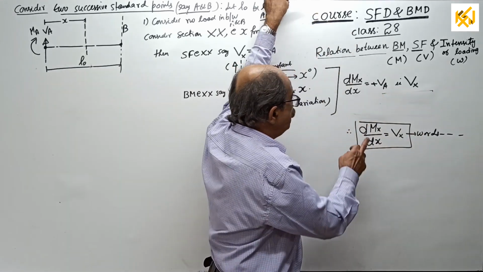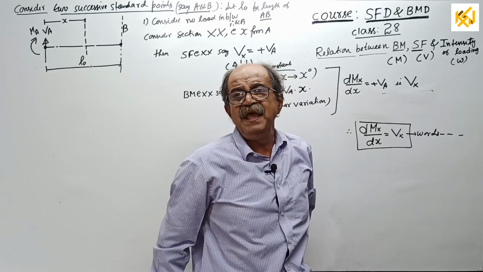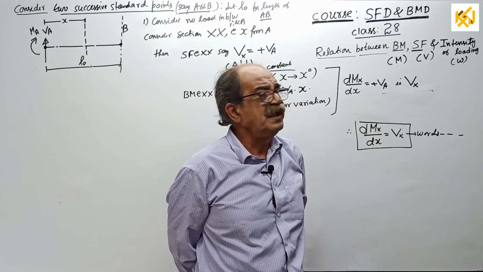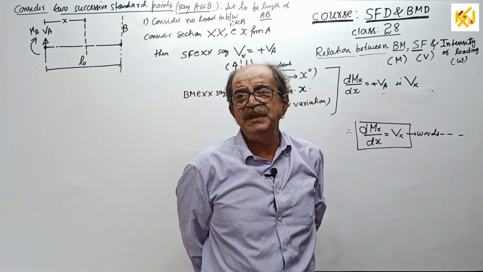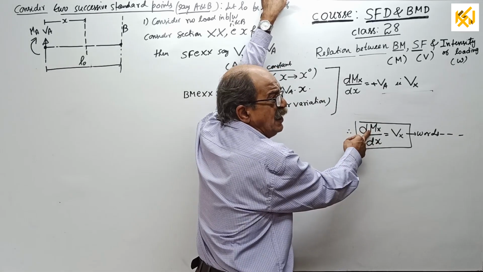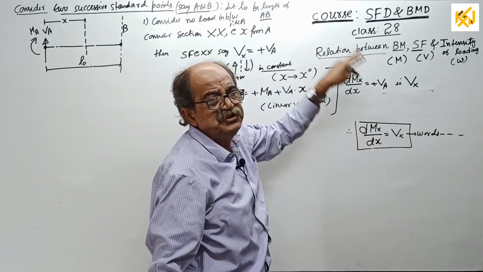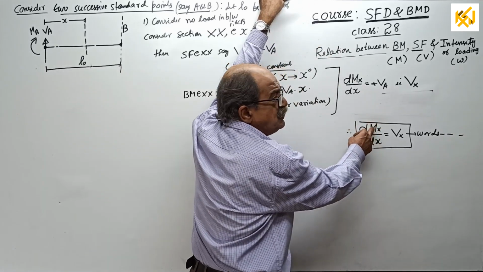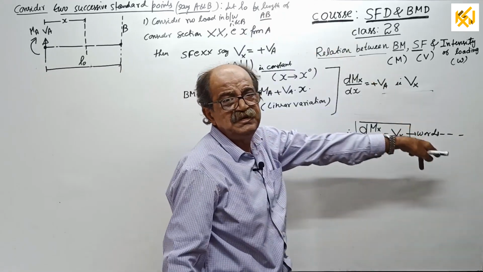Remember, dy by dx is actually differentiation of y with respect to x, or you can also tell rate of change of y with respect to x. Same way here. Differentiation of bending moment with respect to x will give shear force, or more precisely, rate of change of bending moment is equal to shearing force.